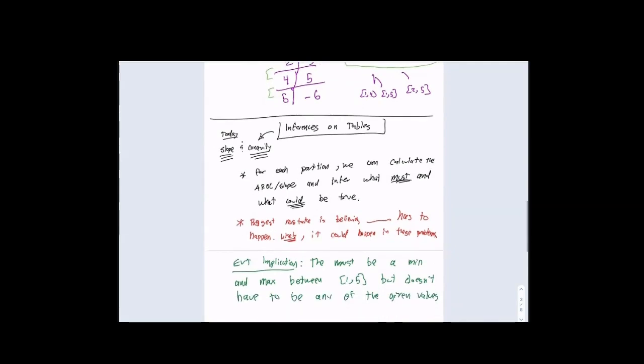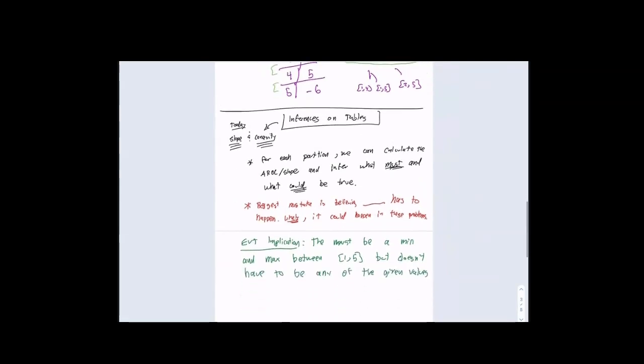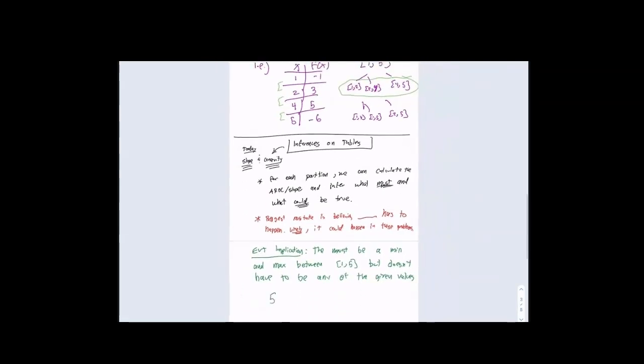So 5 is not certain. What I mean is, 5, which is f of 4, could be the max, but doesn't have to be.